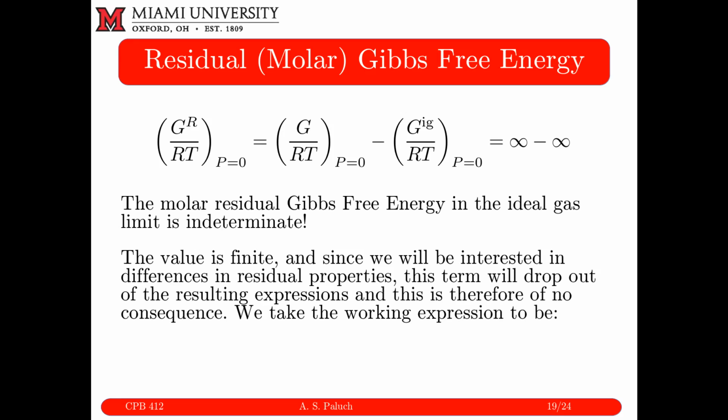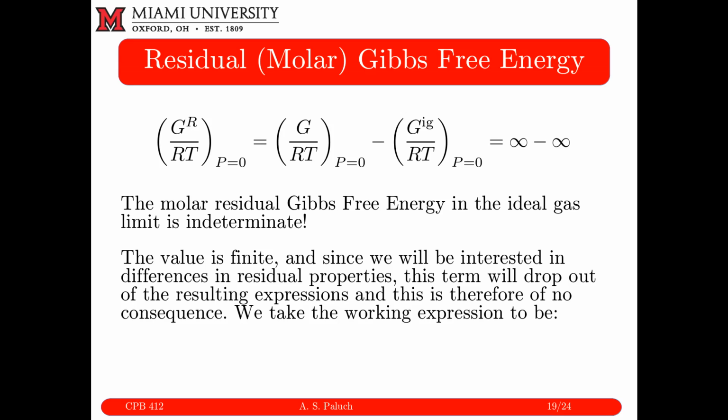The value is, however, finite, and since ultimately we'll be interested in calculating differences in residual properties and differences in our thermodynamic properties or functions altogether, this term will ultimately drop out of our expression and is of no consequence. So as it comes to actually calculating properties, the implication of this isn't important. We can go and calculate properties as normal.